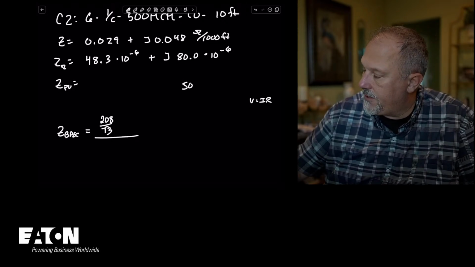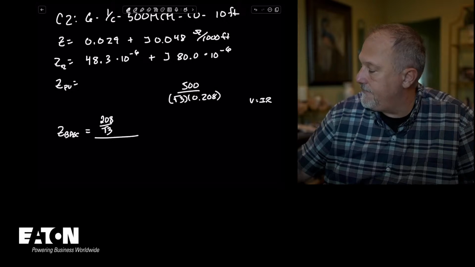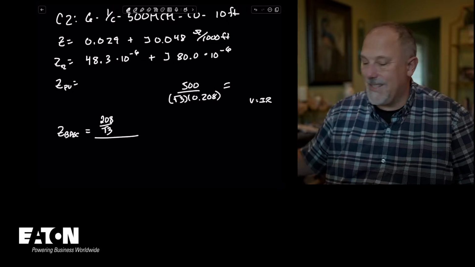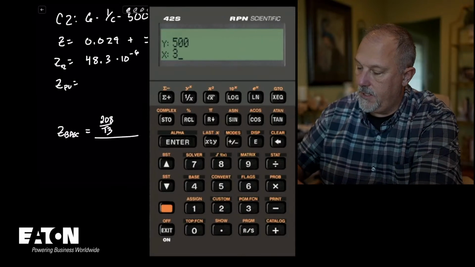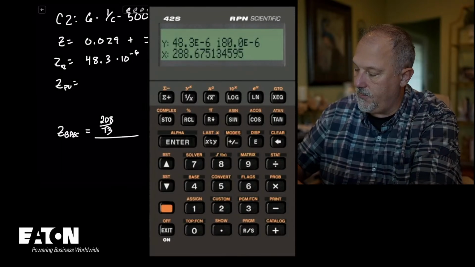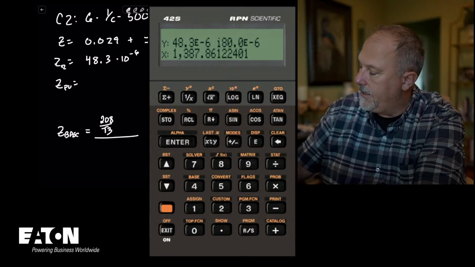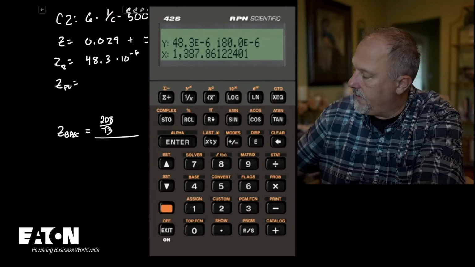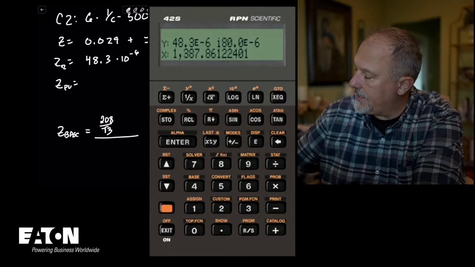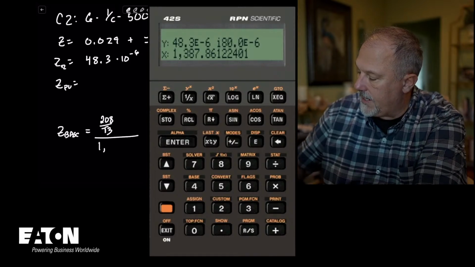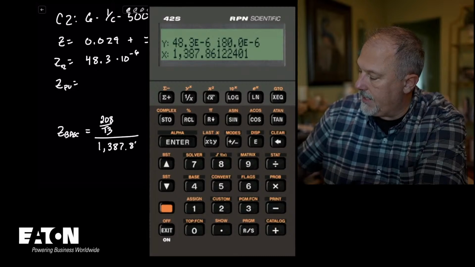So 500 kVA divided by the square root of 3, divide that by 0.208. And what was that again? 1,387.86.